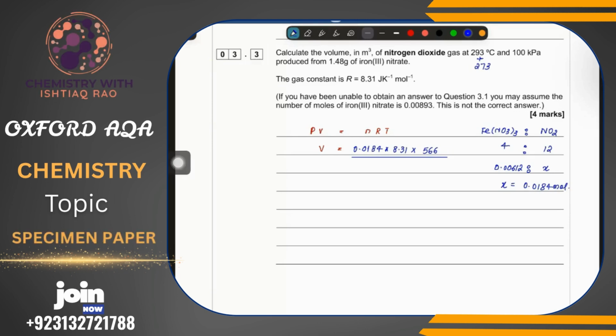The pressure is in kilopascal, so we have to convert it into Pascal so that I would be getting the volume in meter cube. In order to convert kilopascal into Pascal, 100 times 1000, which is going to give you 0.000865.